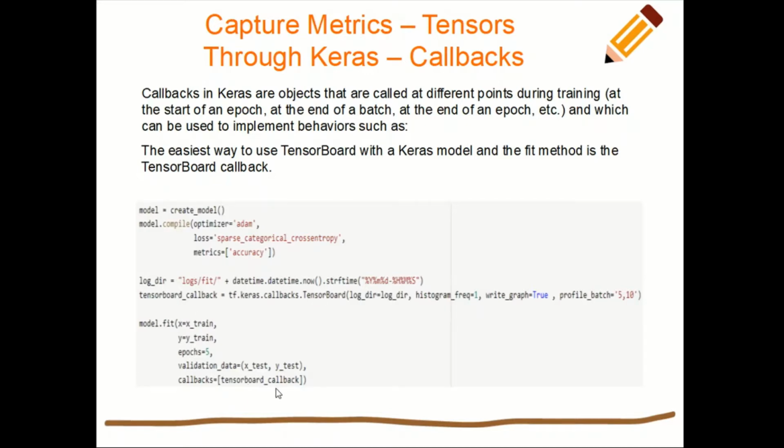Once we call this callback from model.fit, it is going to capture the accuracy metric, it is going to capture the loss, and since we are saying histogram_freq equal to 1, it's also going to capture all the weights, right? So once this data is captured, we can easily open up the TensorBoard and see all these captured scalars, metrics and graphs in the TensorBoard, right? Pretty easy, right?